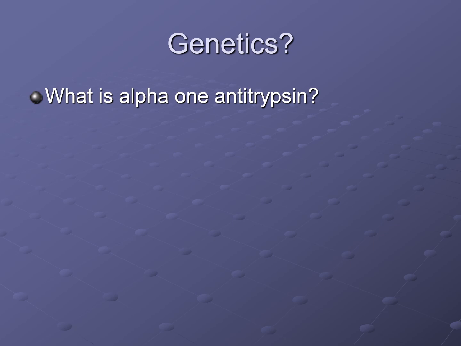We often don't start it until they're fairly symptomatic because of that cost, but most people with it will eventually need it. The genotype has a couple of different variations. MM is the all clear. ZZ is the disease, but there are people that are MS and some other variations in between.